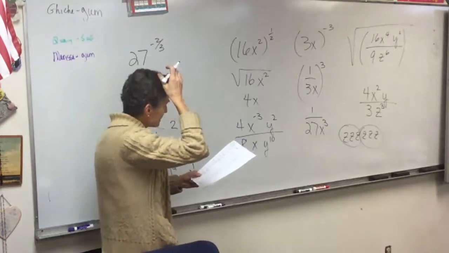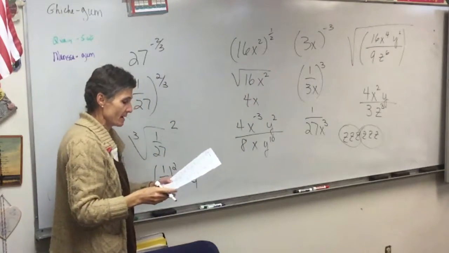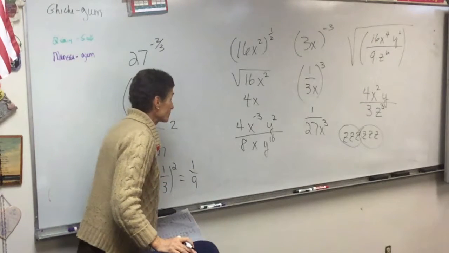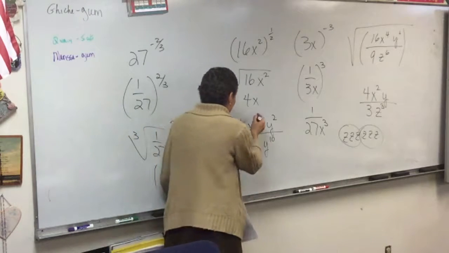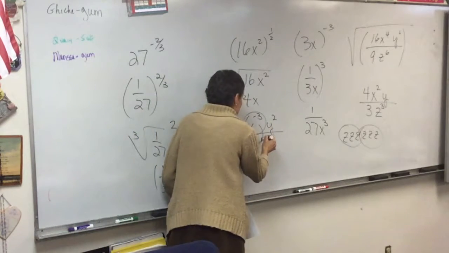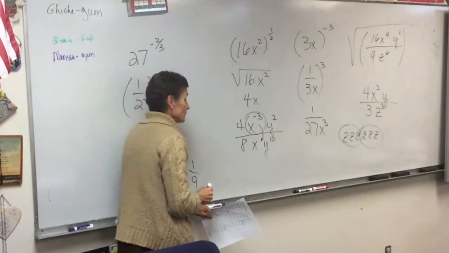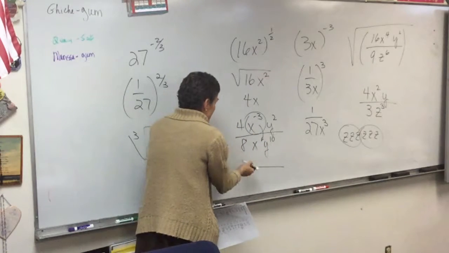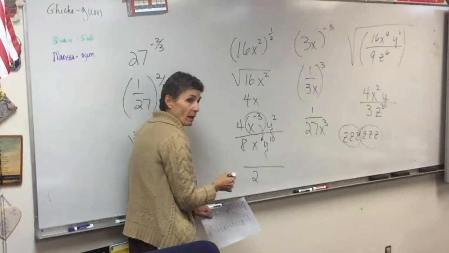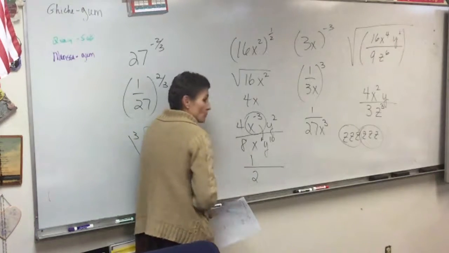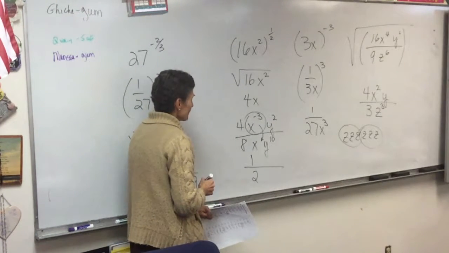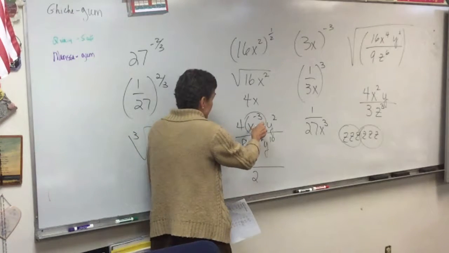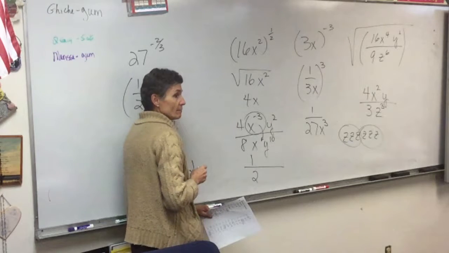All right, tell me what needs to be done here. This is kind of a mess. Yep, this guy has to go down. Remember, if they have negative exponents, they move. How about the 4 and the 8? That's going to be 1/2, so I have a 2 in the bottom. You can put a 1 up here if you want. You don't need to, but you can. Now, actually, this time I need to, because these guys are all coming to the bottom, right?